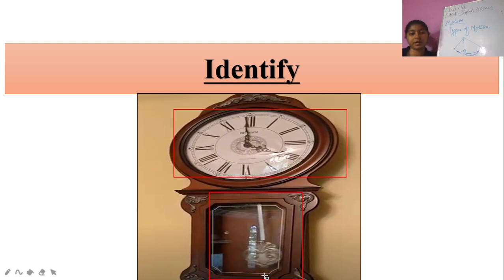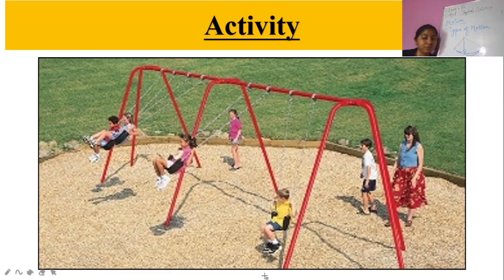Have you ever visited a park and done this activity, playing on swings, right? Here also you can see that the children come first here, then here, then they go backward.